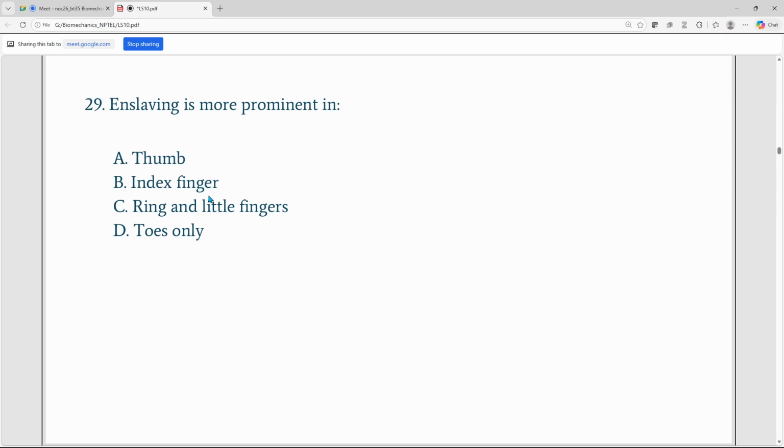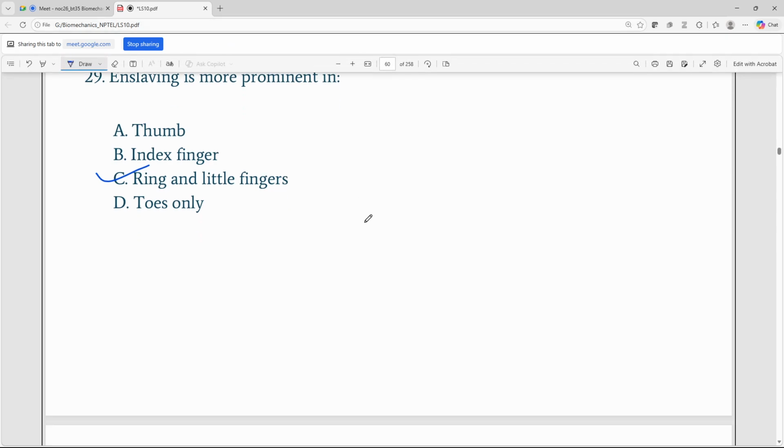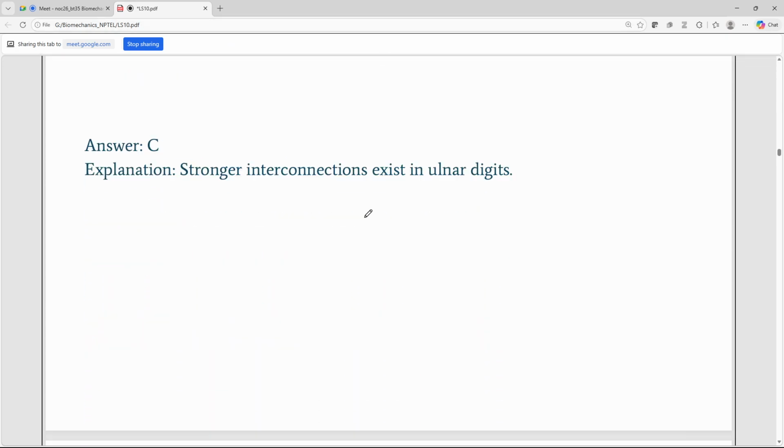Yes, the answer is option C, ring and little fingers. Enslaving is more prominent in ring and little fingers. The stronger interconnections exist in ulnar digits.